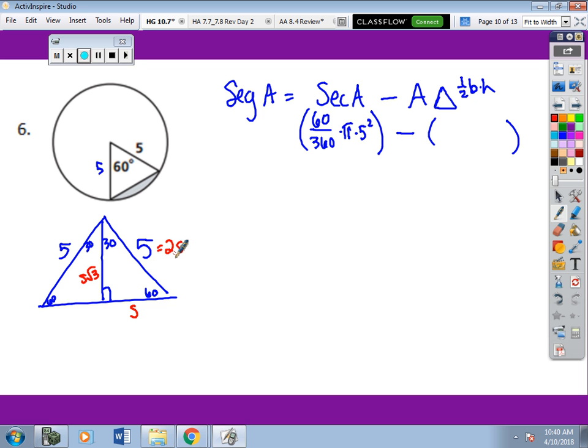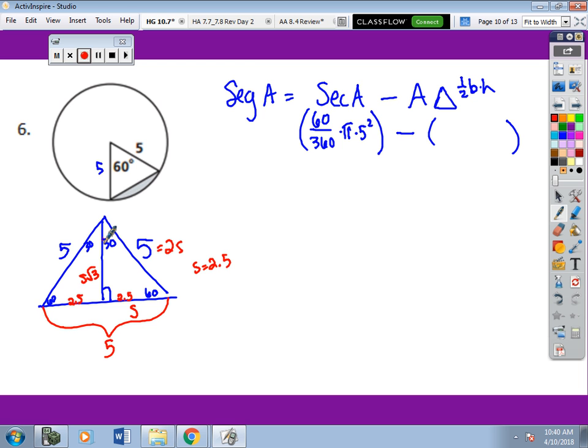What could you do instead of using a 30-60-90? You could use trig, if you wanted. All right, but 5 equals 2s, therefore s equals 2.5. So you would get that this is 2.5, that's 2.5, add those together. The whole base of the triangle is 5, so you see it's equilateral.